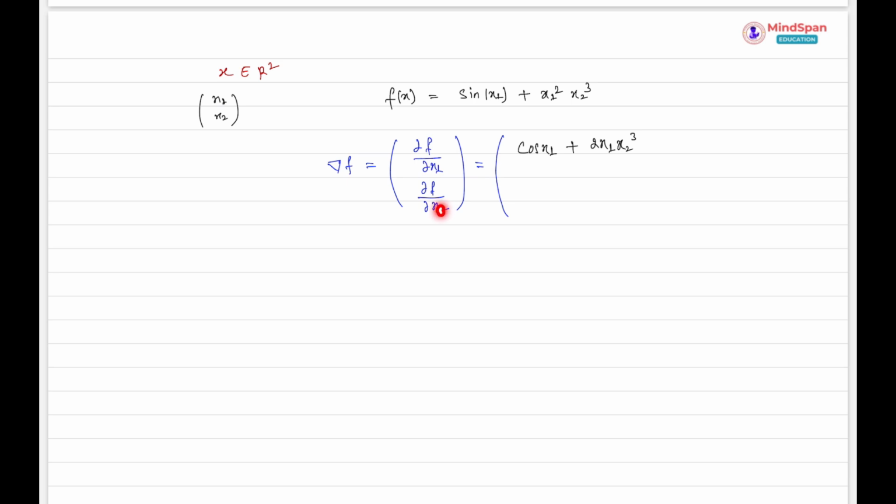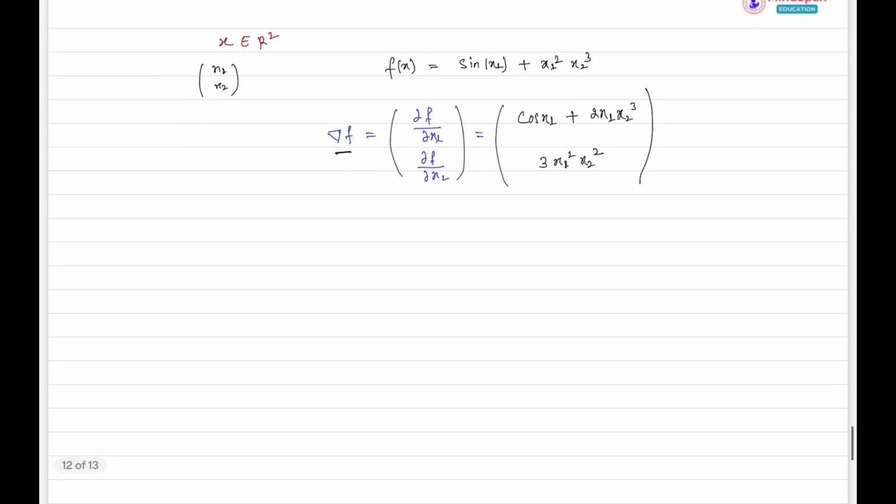And now you are doing the partial derivative with respect to variable x2, so you can just keep the other variable fixed. So here we will have the partial derivative 3x1 square x2 square, right? So this is the first derivative, and the first derivative is nothing but the gradient, right?